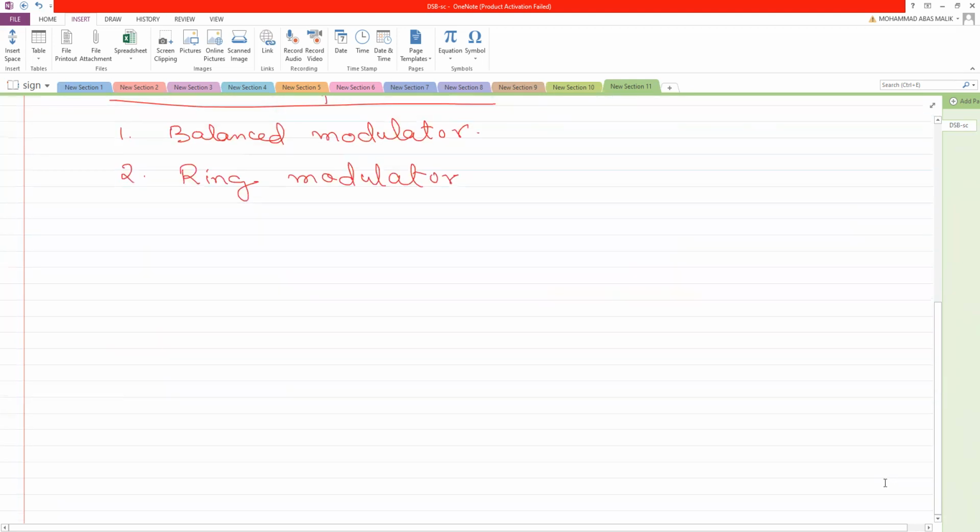So, balanced modulator first. This is your message signal m(t). This is your product modulator here, and this is the carrier c(t) equal to Ac cos(omega c t).